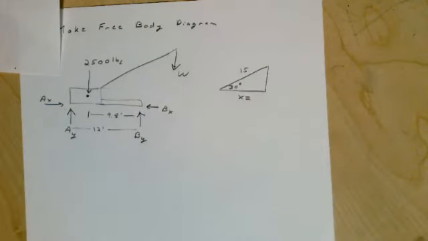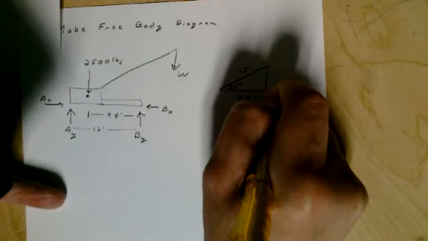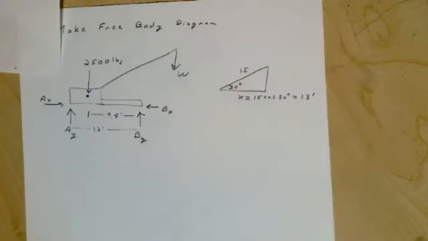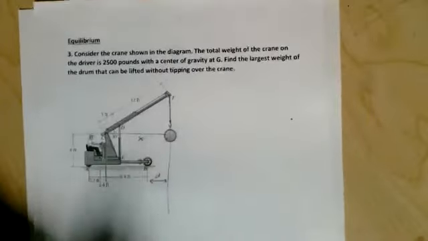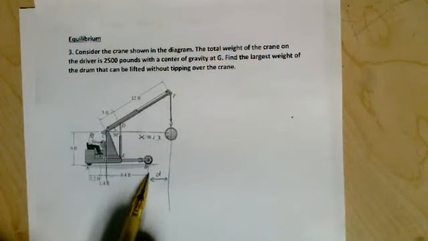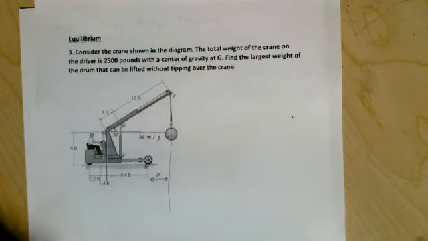So X is going to be 15 cos 30, which is 13 feet. So that's going to give us this distance here, which is 13 feet. Then now we know this distance from B to the barrel is going to be 13 minus 8.4.